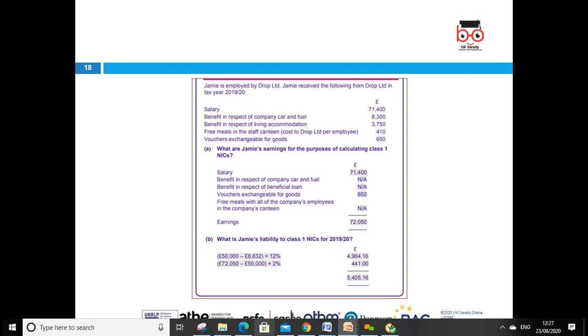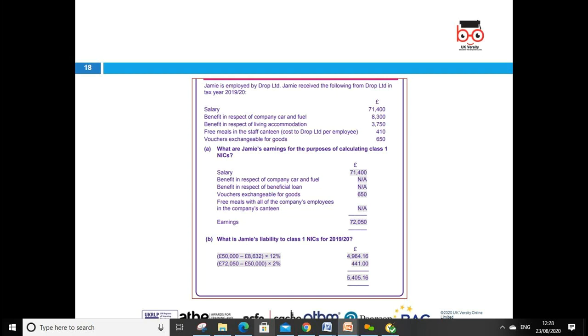And then this is an example of Jemmy, in this the salary, benefit in respect of the company car and all others, and the free meals, and we calculated. Now we calculated the salary, the benefit in respect of the company car, and the fuel not applicable in this, and the vouchers chargeable for the goods, and the total earning is this.